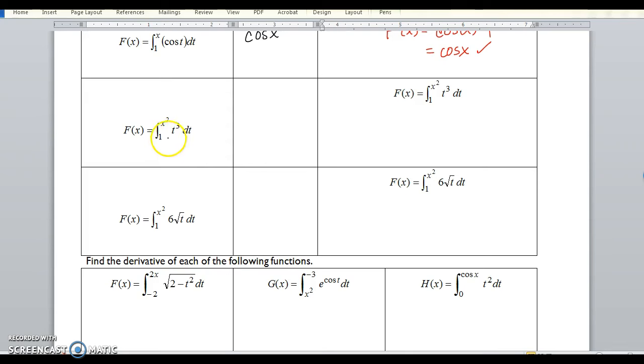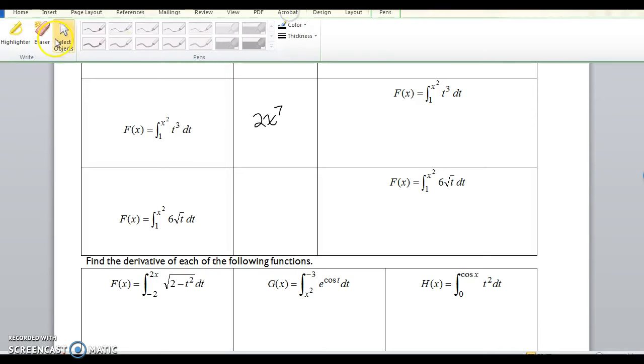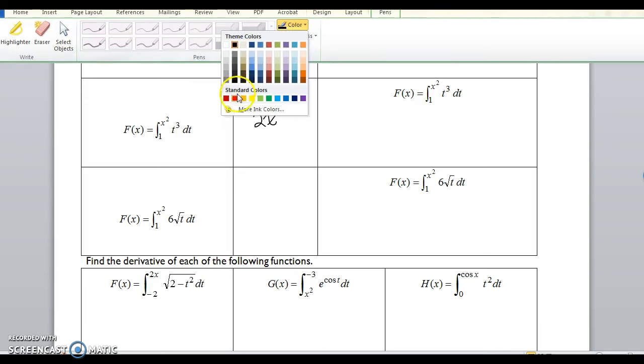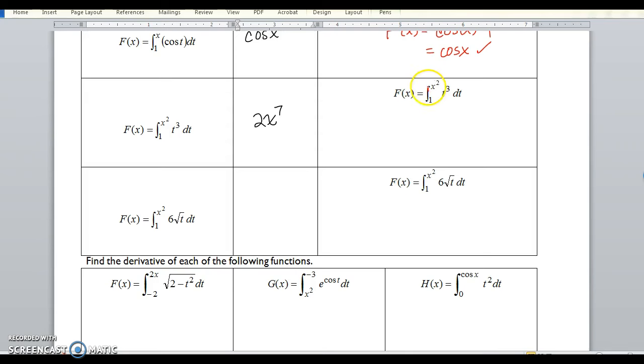Okay, so when we had t cubed, when we got our derivative, we had gotten 2x to the 7th. And so if we look back at our integral here, let's use the second fundamental theorem of calculus to find that. So we're going to take the x squared and plug it in for t.